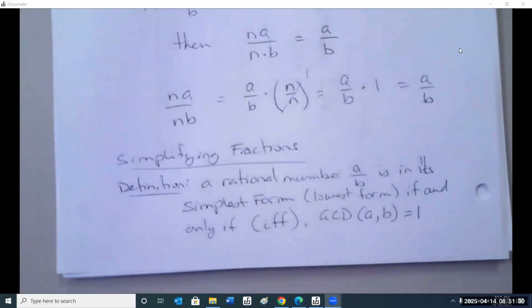What's GCD stand for? The greatest common divisor. What's the largest number that fits into both of them?